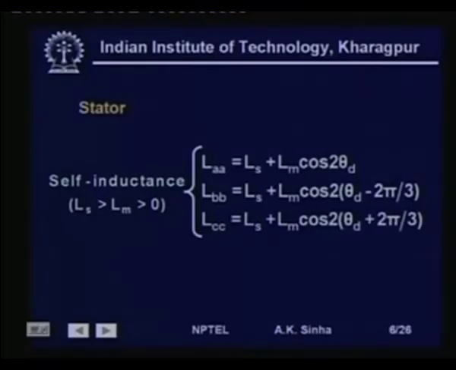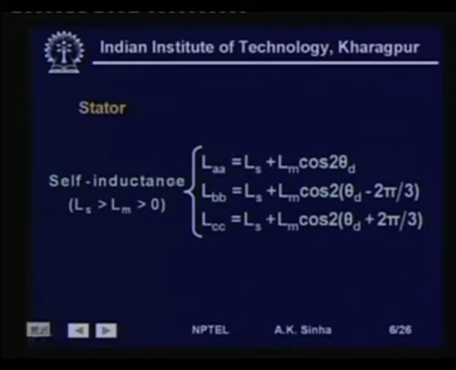Now, if we find out the value of these self inductances of the stator coil, then we will see that the value of self inductance L_AA is equal to L_s plus L_m cos 2 theta_d, L_BB will be L_s plus L_m cos 2(theta_d minus 120 degrees), that is 2 pi by 3, L_CC will be L_s plus L_m cos 2(theta_d plus 120 degrees), that is same as minus 240 degrees.